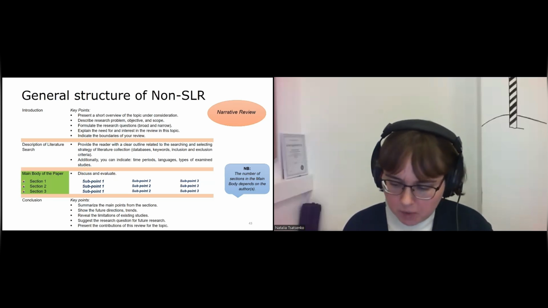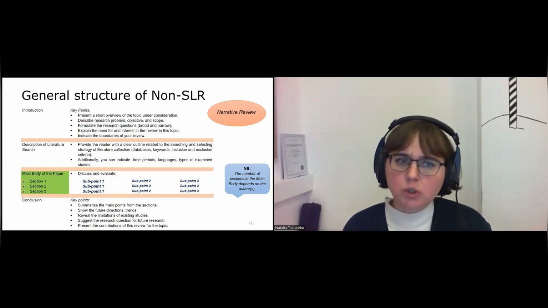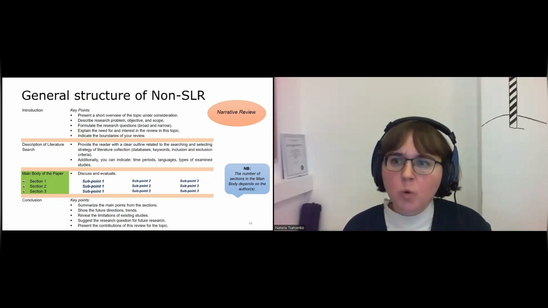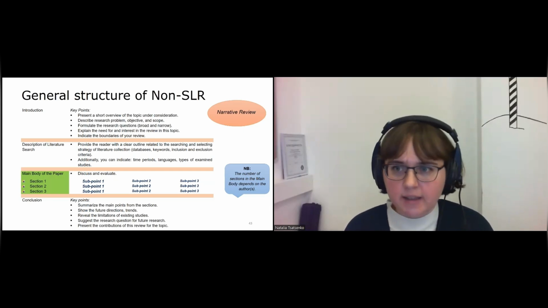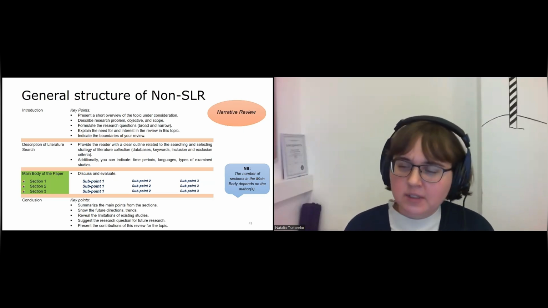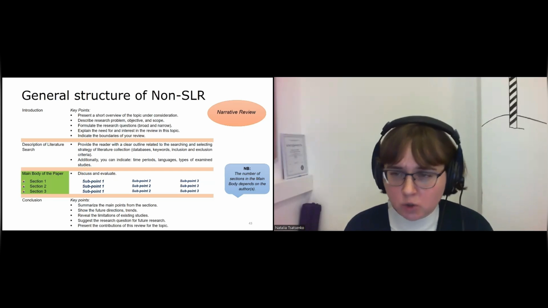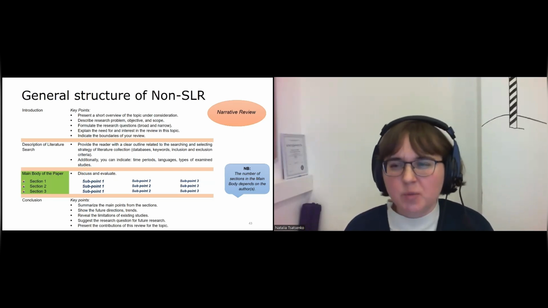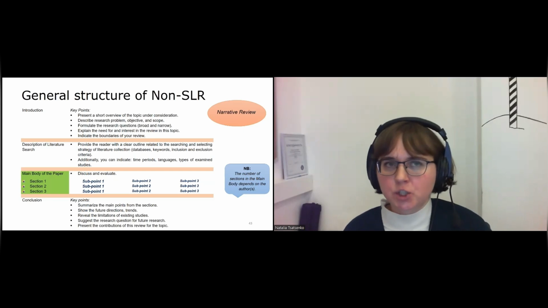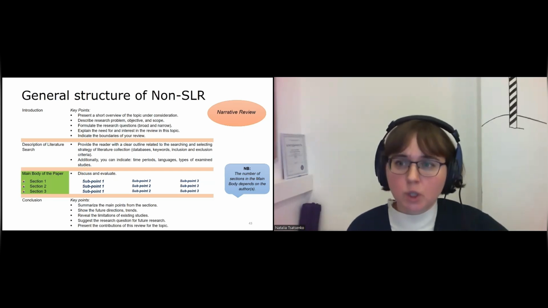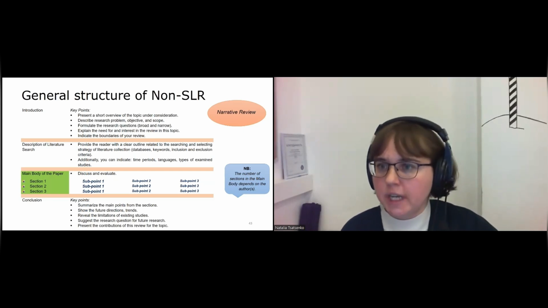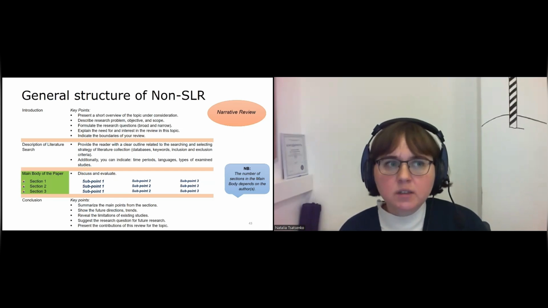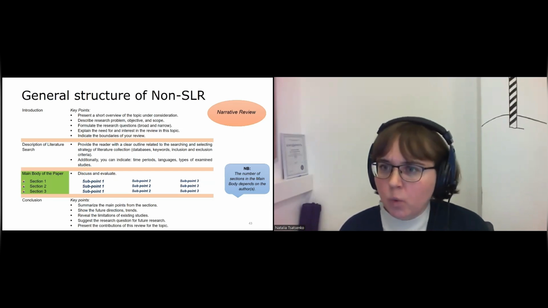This second part belongs to how we make our screening process. Again, in some very well-known narrative review papers, you will not meet this part, but some more modern papers try to include this information. What information can appear here? We can say what period of time we analyze.